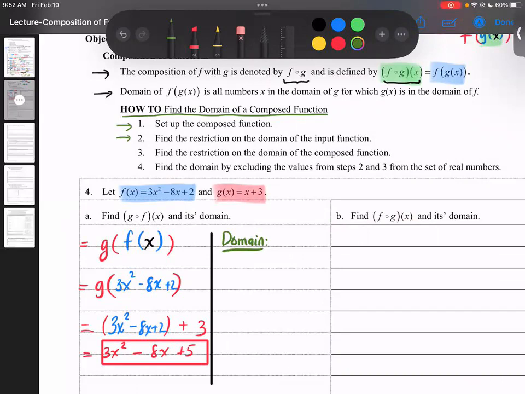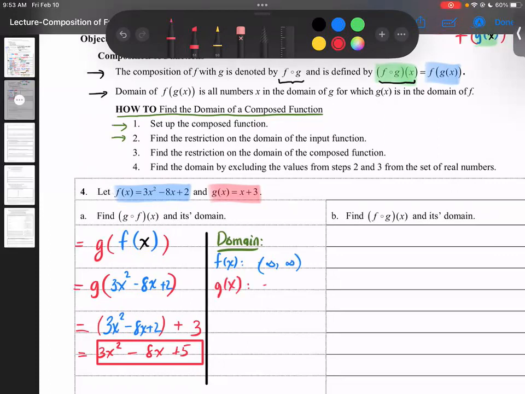The input function, they mean the f of x, right? The inside function. So what's the domain of f of x? It's a polynomial, so everything, negative infinity to positive infinity. Domain of g of x is also a polynomial, right? So the domain will be everything.